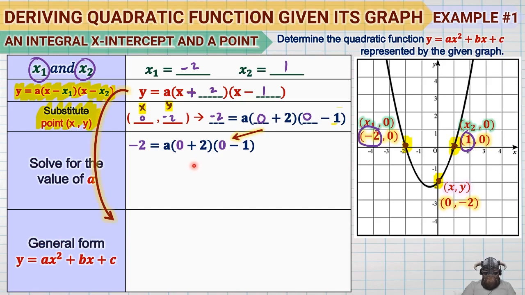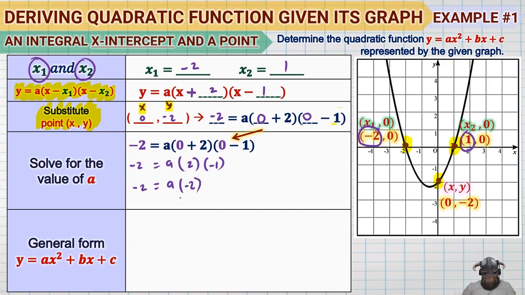Solve muna natin. Negative 2 is equal to a times 0 plus 2 is 2. Then 0 minus 1 is negative 1. Multiply natin yang dalawang yan. So, copying ko muna negative 2. A times 2 times negative 1 is negative 2.